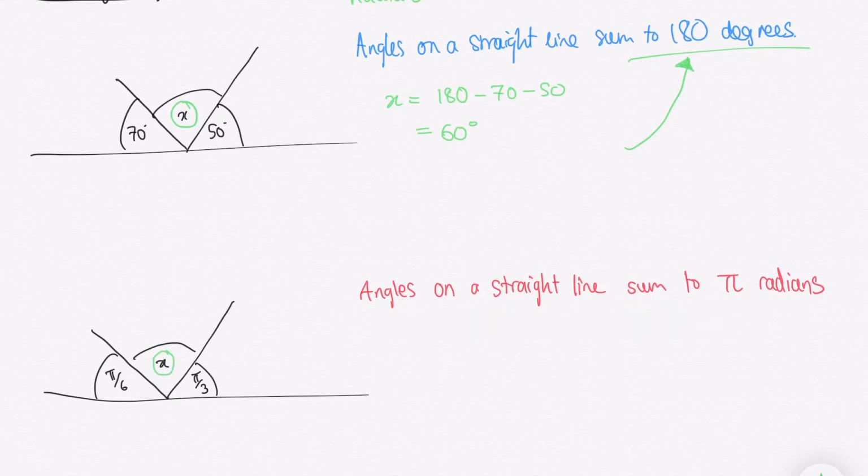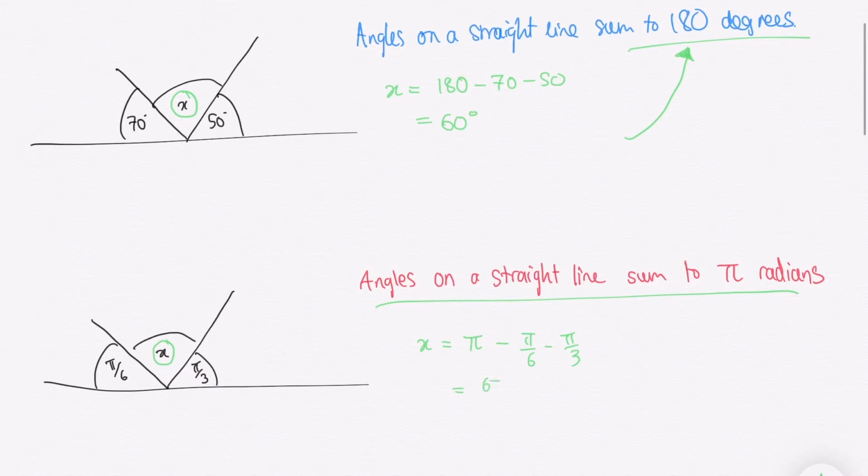Well, what do we know? We now know the angles on a straight line sum to pi radians. So we know that x is equal to pi subtract pi over 6 subtract pi over 3, which is, writing a common denominator of 6, 6 pi over 6 minus pi over 6 minus 2 pi over 6.